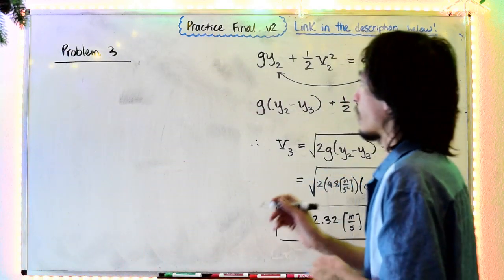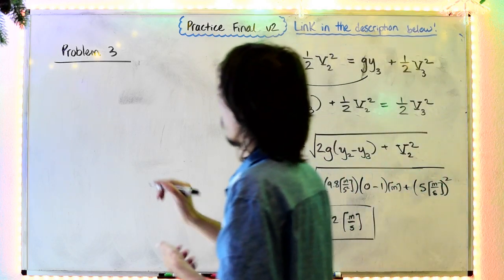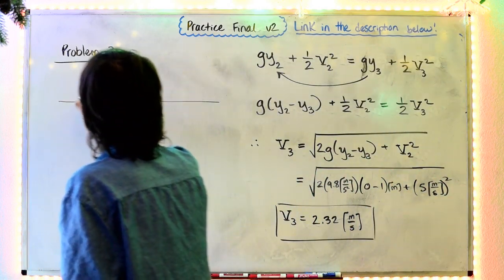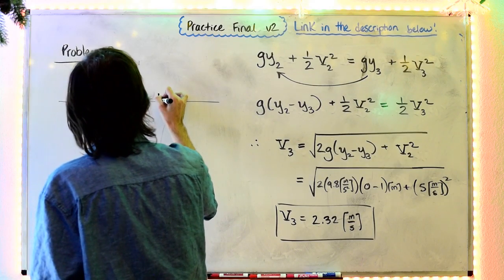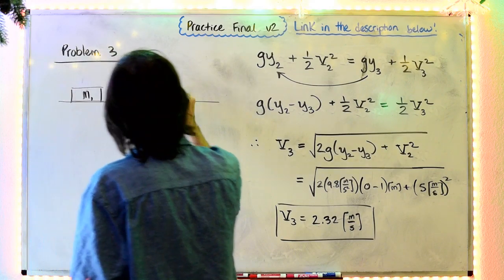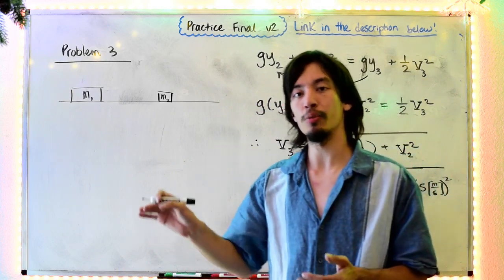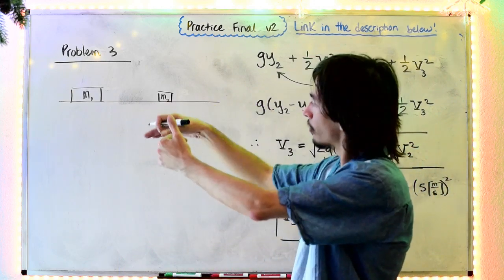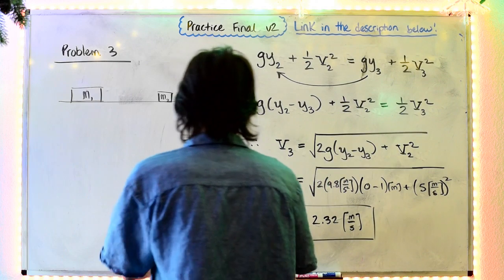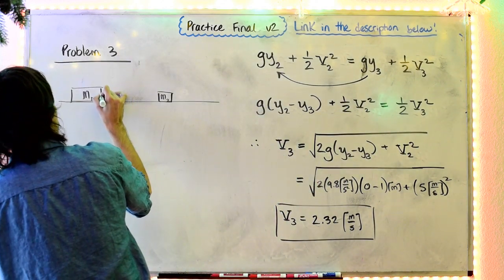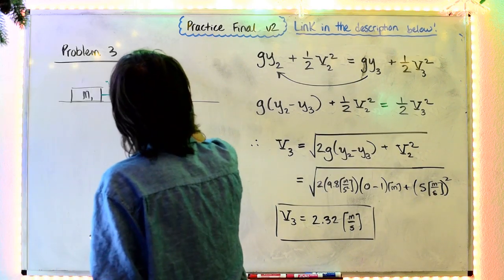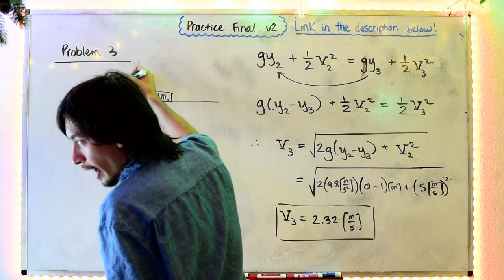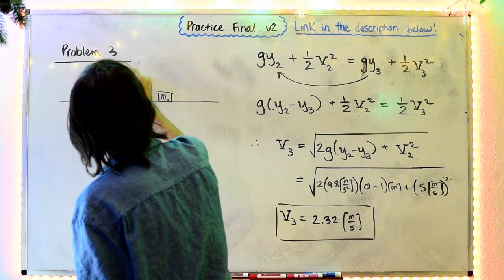Problem 3 has that, so here's your two masses, M1 and M2. And the initial situation is that they're heading towards each other. So we say that this one, V1, equals, we gave that as 10 meters per second.